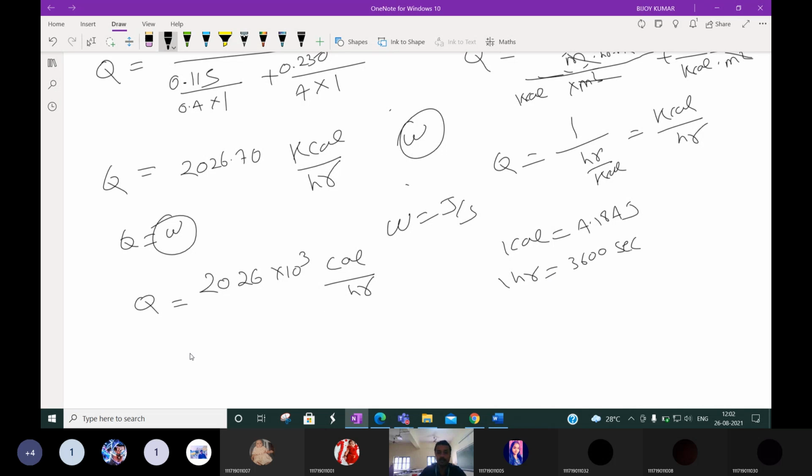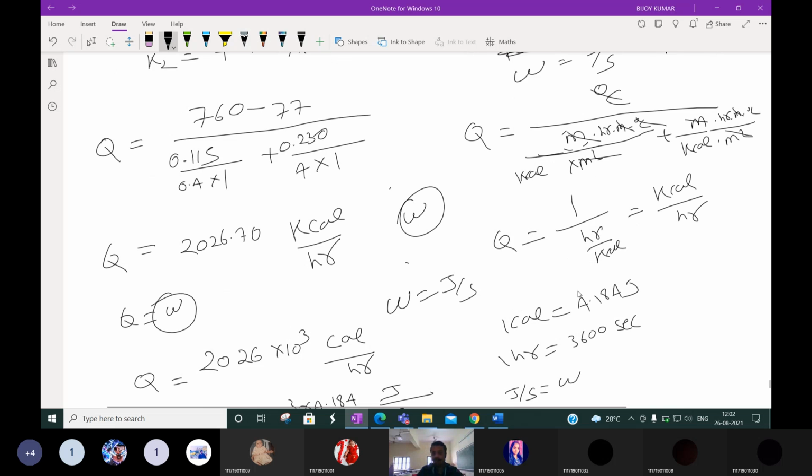So we can write it: 2026 into 10 to the power 3, calorie converts to joule, so into 4.184 joule. This hour we convert to second, 1 hour is equal to 3600 second. So this joules per second is nothing but watt. Okay, this is the first problem.